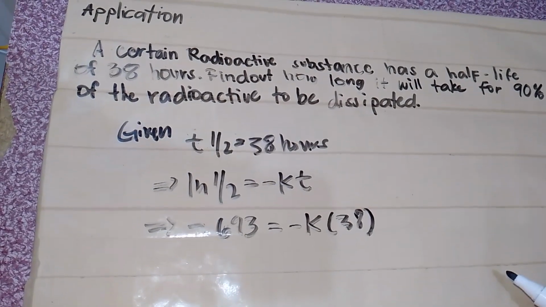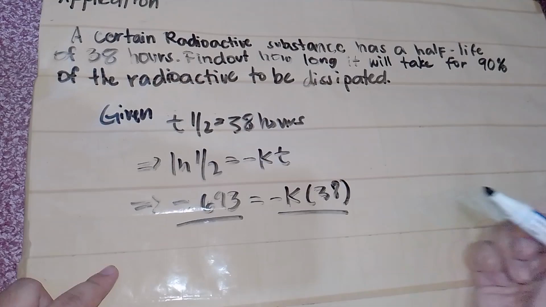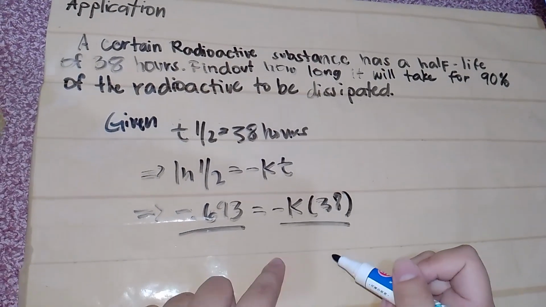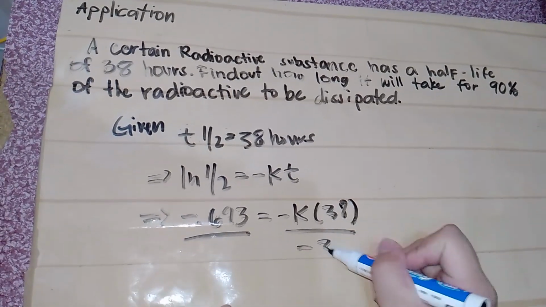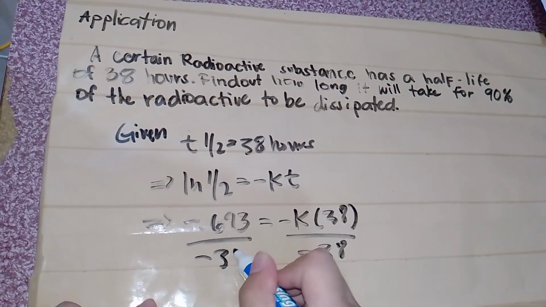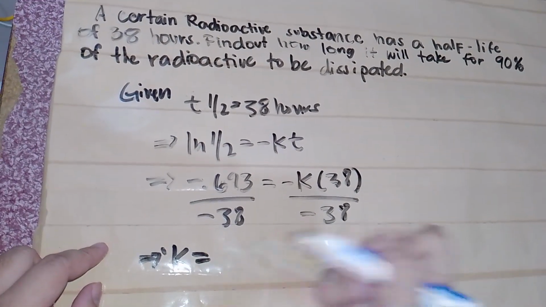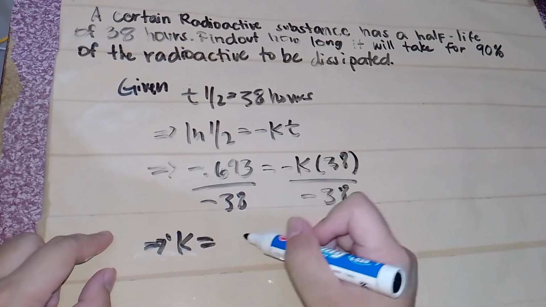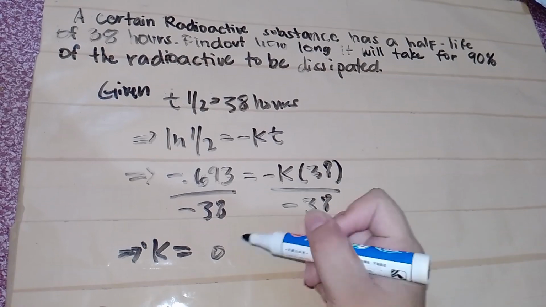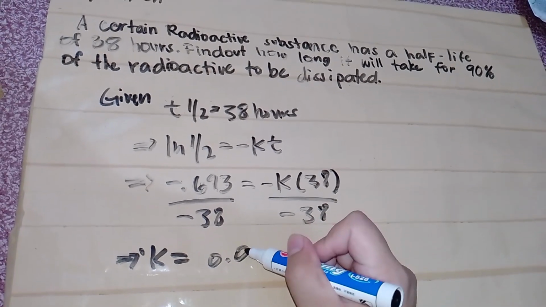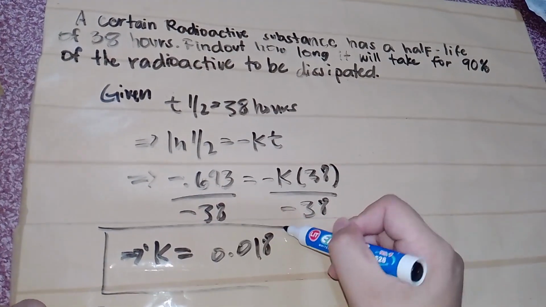We need to multiply both sides by 1 over negative 38 so that we can get the value of k. So negative 38. So the value of our k is 0.018. Okay, this is the value of our k.